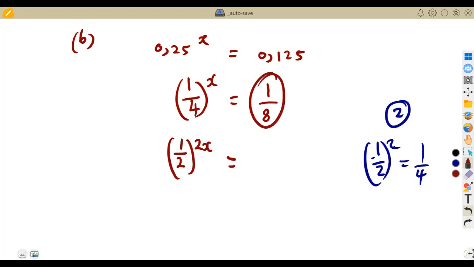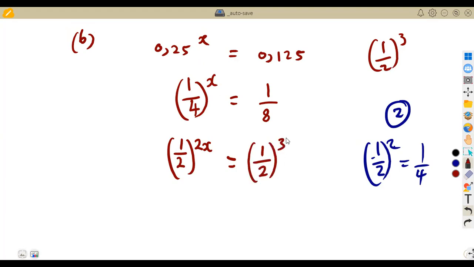1 over 8, we're going to see that it's 1 over 2 to the exponent of 3. If you raise 1 over 2 to the exponent of 3, it's going to give you 1 over 8. Remember, 1 to the exponent of 3 is 1. 2 to the exponent of 3 is 8.